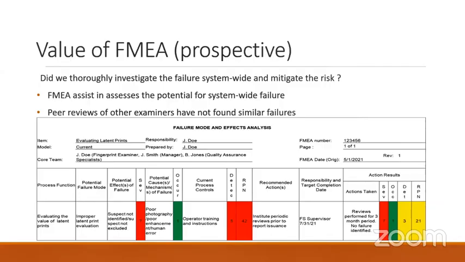There is a system in place to detect it. There's also an awareness from the examiner that periodically there's going to be a review that's done. So the likelihood of that failure occurring is very low, and we've increased the detection. The RPN score is then 21, which is now at a level of acceptance.